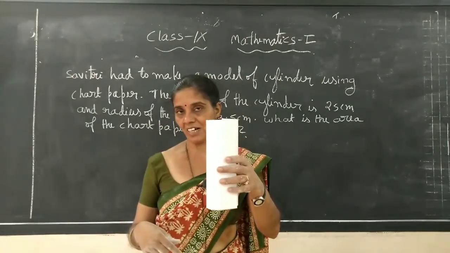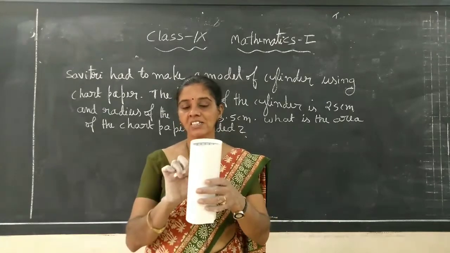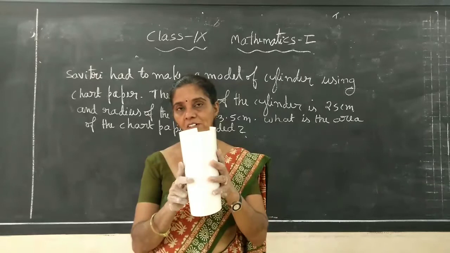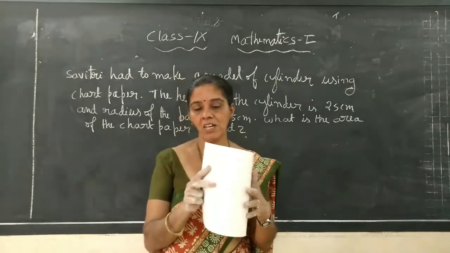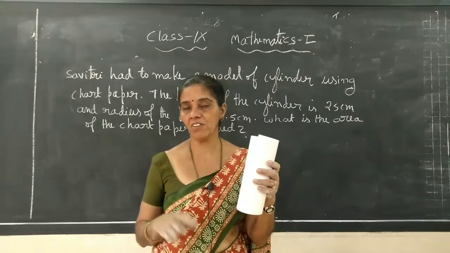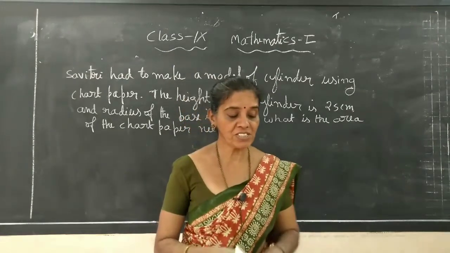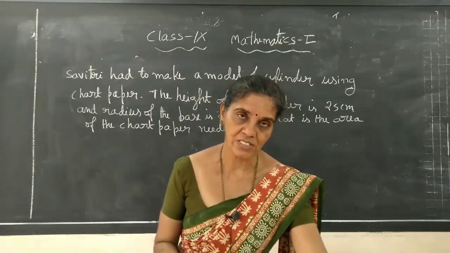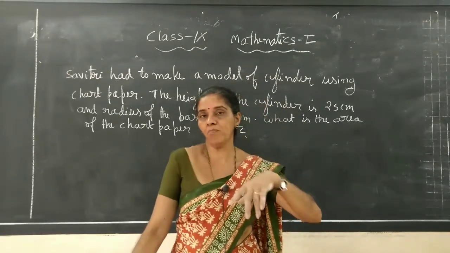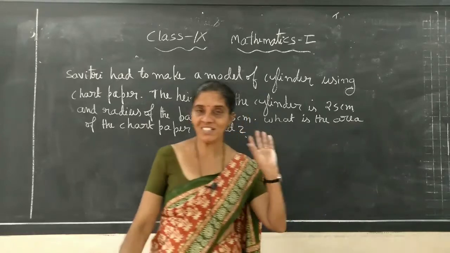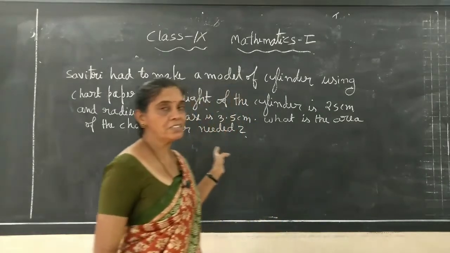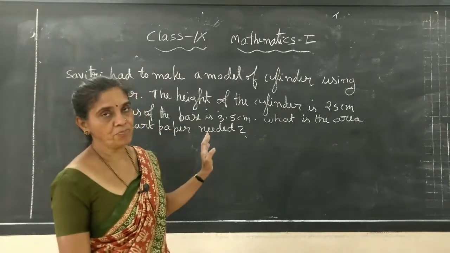So this area only we are finding, to calculate how much craft paper we want. This is nothing but the curved surface area. We don't want total surface area, because the top and bottom bases are not mentioned, only the cylinder she wants. So we have to find the curved surface area.